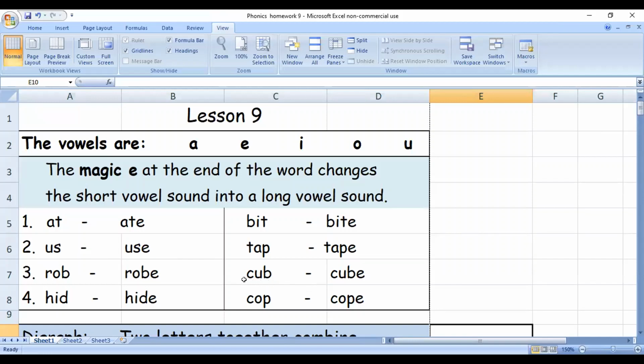Cub: when I add the magic E at the end, the U becomes the long sound. Cop: when I add the magic E, the O becomes long, the name of the letter, which is cope.